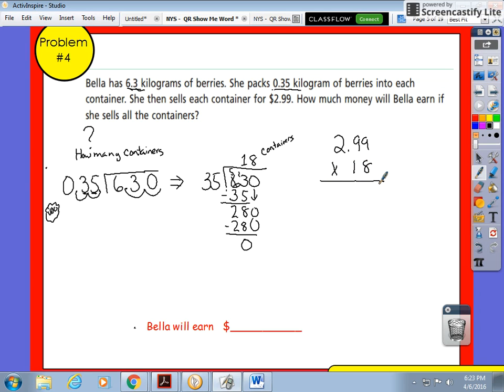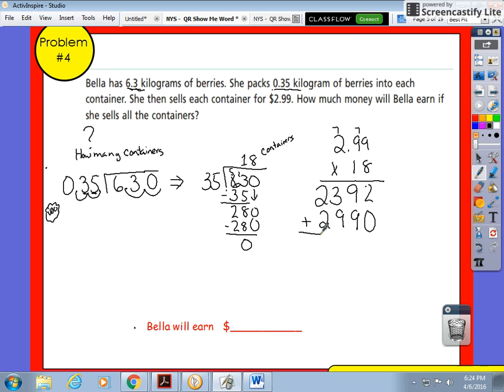Now, some of you might have a mental math strategy for this. Remember, if you're using any kind of mental math, you need to show your thinking. But I'm going to go ahead and show this multiplication out. Put my 0 placeholder.